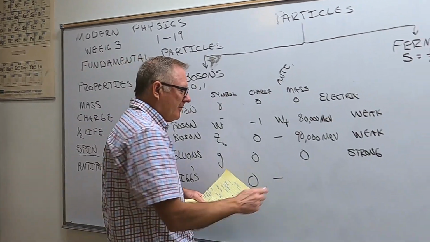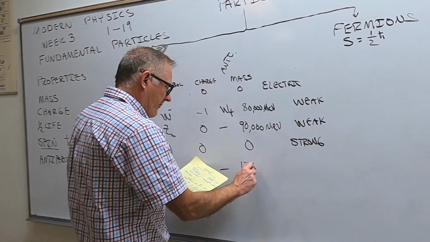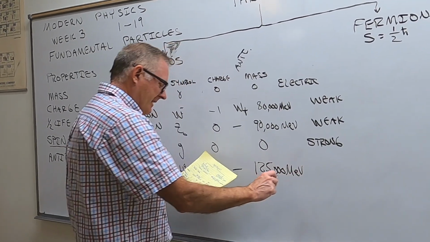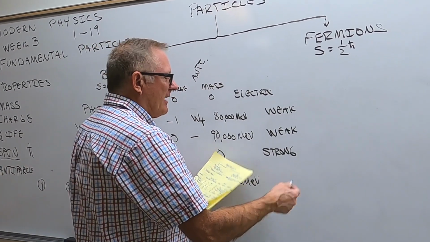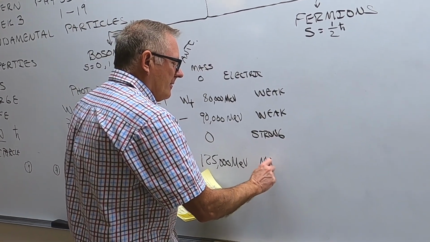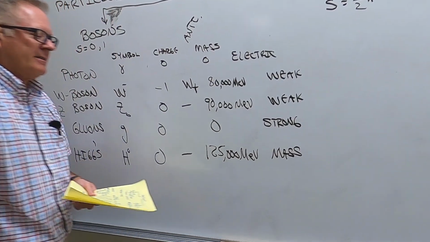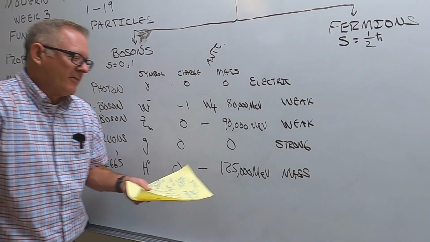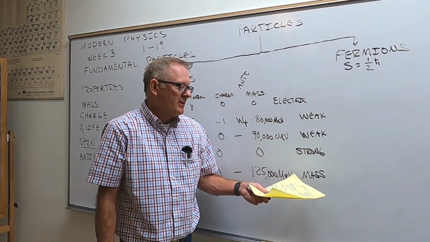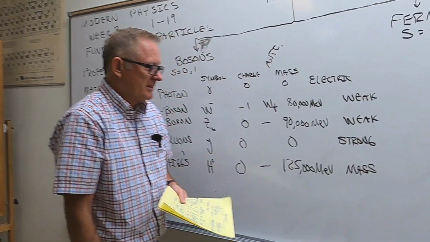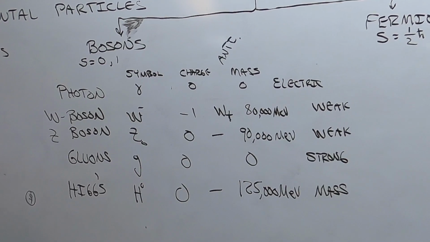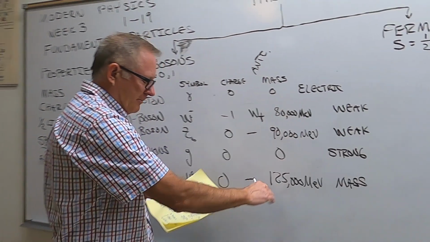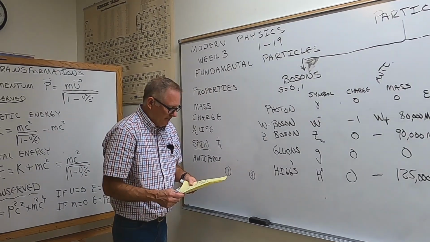And the mass of this is 125,000 MeV. And this is what gives mass its value. It gives us our mass. And you notice this wasn't discovered until just 2012. 9 years ago, this was discovered at CERN. 125,000 MeV. When I give this mass, this is only an approximate mass. You can't get the mass exactly.